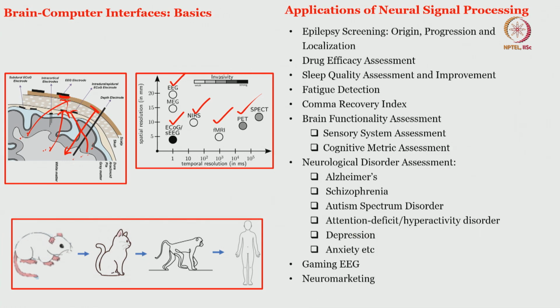So the first thing is epilepsy. For epilepsy screening, we will see how we can automate the analysis of the data obtained from your entire head, and we will also identify where the origin is, which is very important, where the uneven activity starts in your head, and how it progresses.